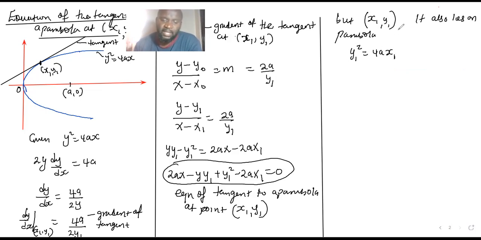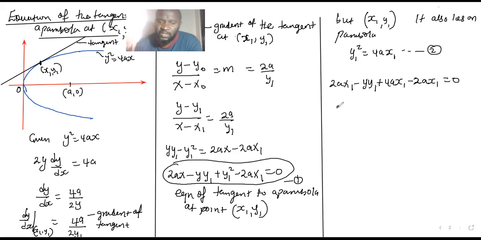Now, if this is equation 2 and this is my equation 1, do you see where we have y1? I can substitute and have 2ax1 minus y1 plus 4ax1 minus 2ax1 is equal to 0.